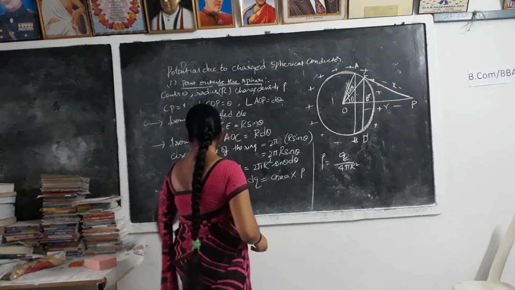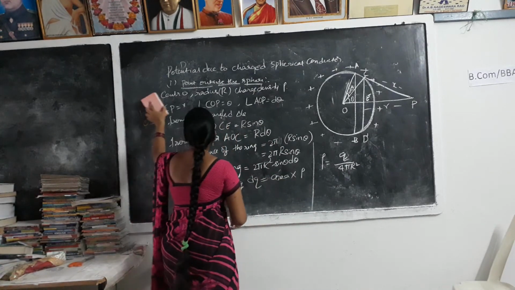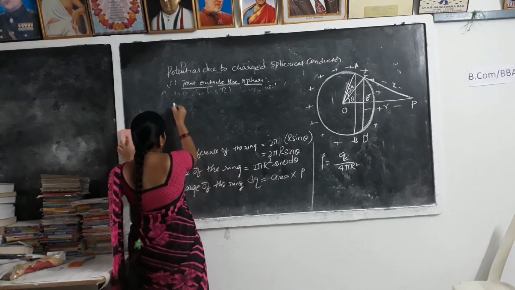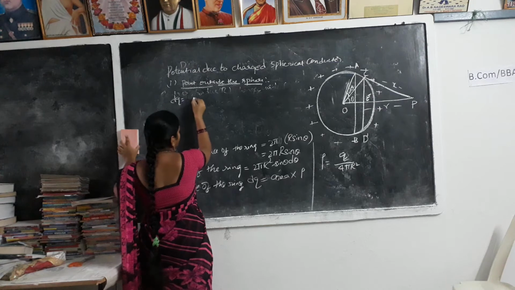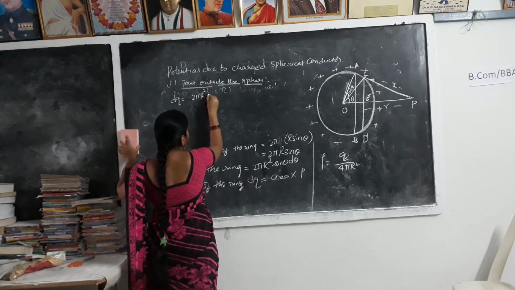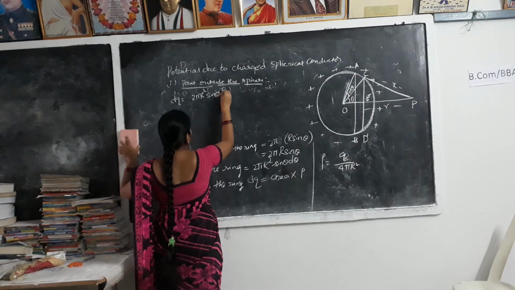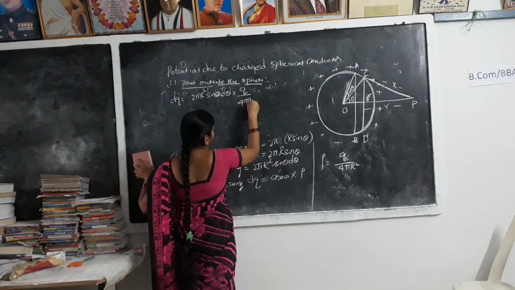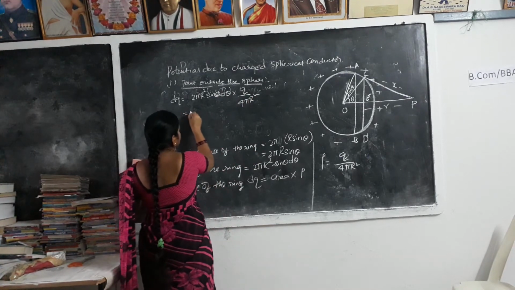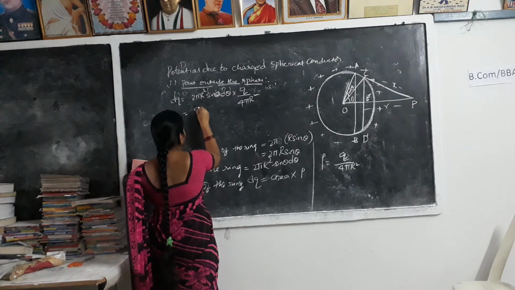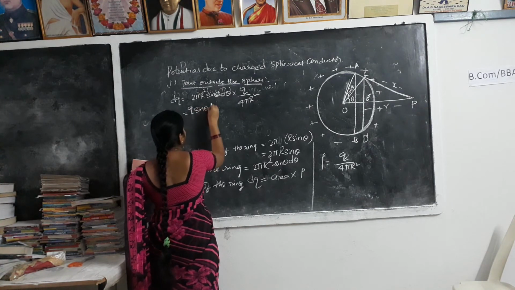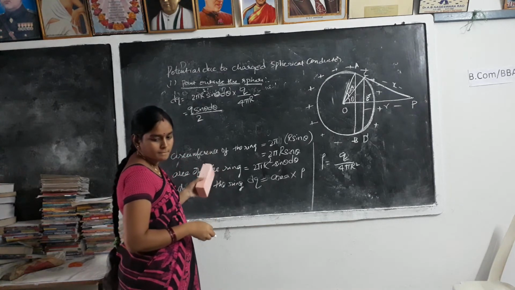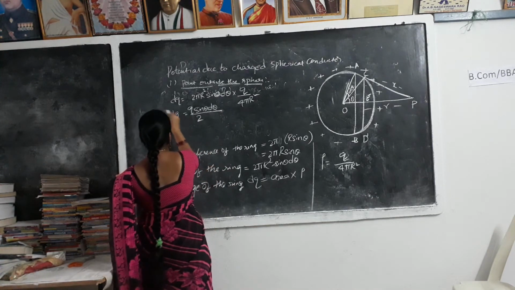Then we substitute this in the equation for the charge of the ring. Then dq equals 2 pi R square sin theta d theta times Q by 4 pi R square, so sin theta Q d theta by 2. This is dq.